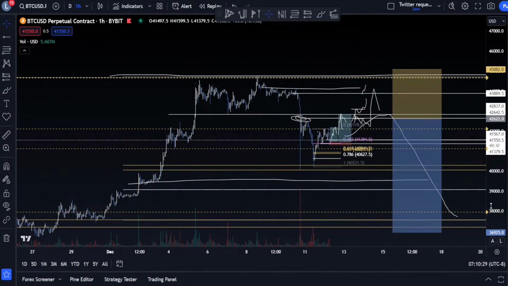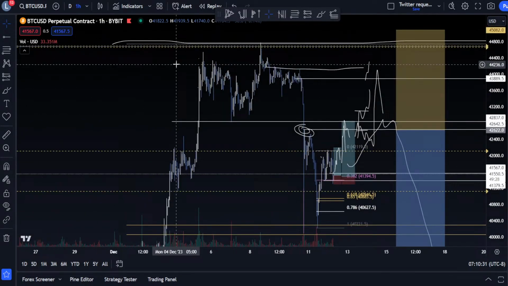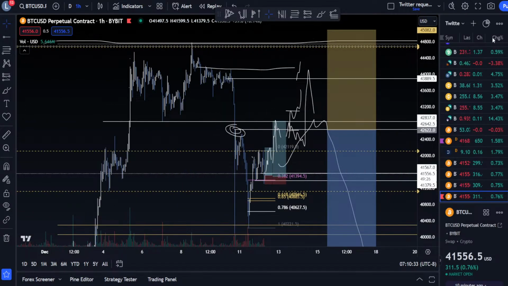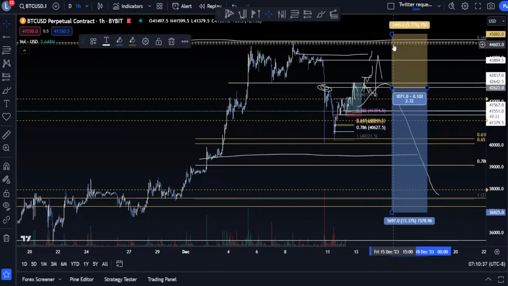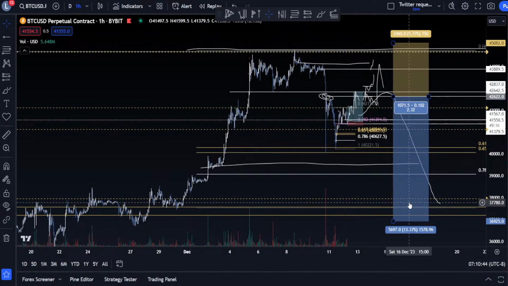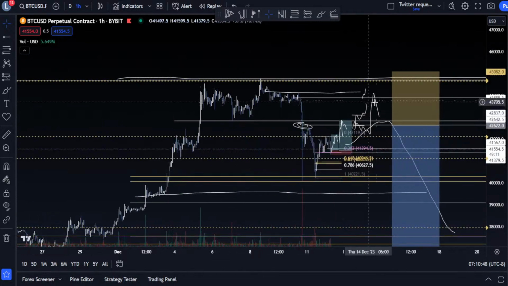This doesn't work if you're not using risk management and sizing your trades appropriately. If I size it like this, obviously if my stop is wider and I want to maintain my risk, I need to trade it much smaller. The risk reward is 2.32. If I win and I don't take any losses, I make 2.3R.